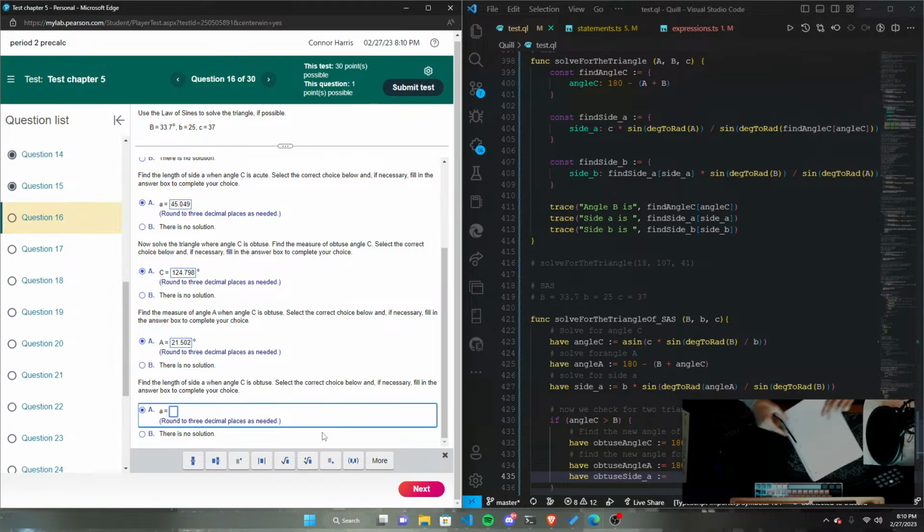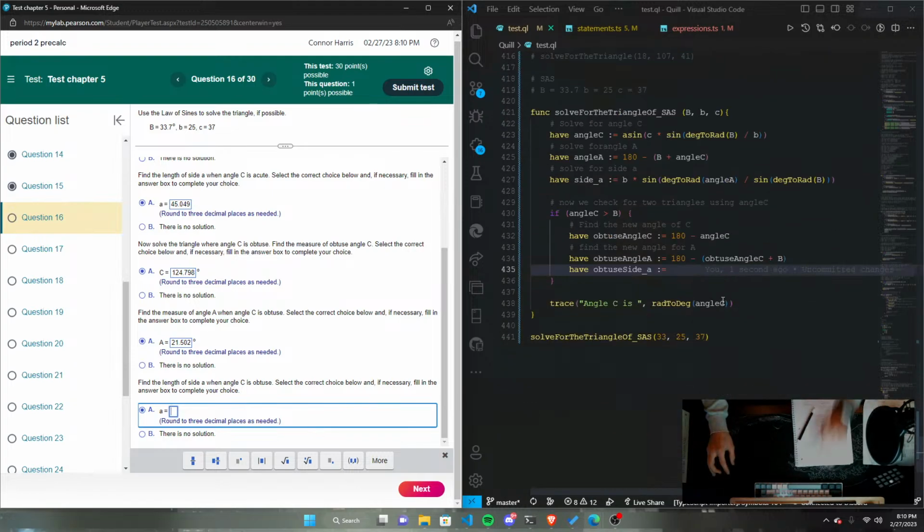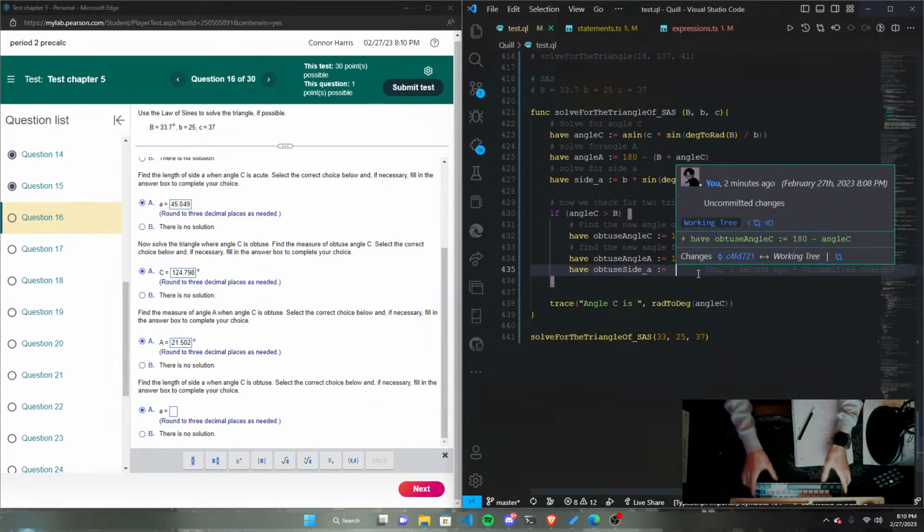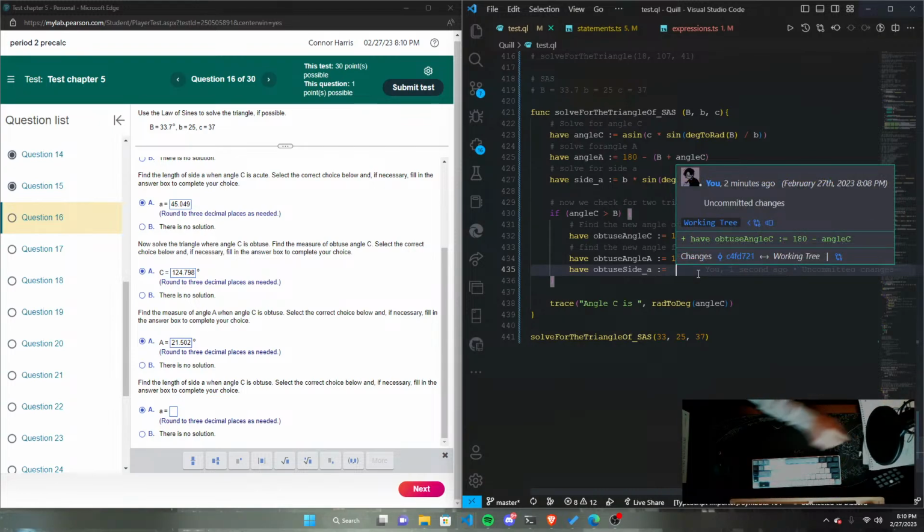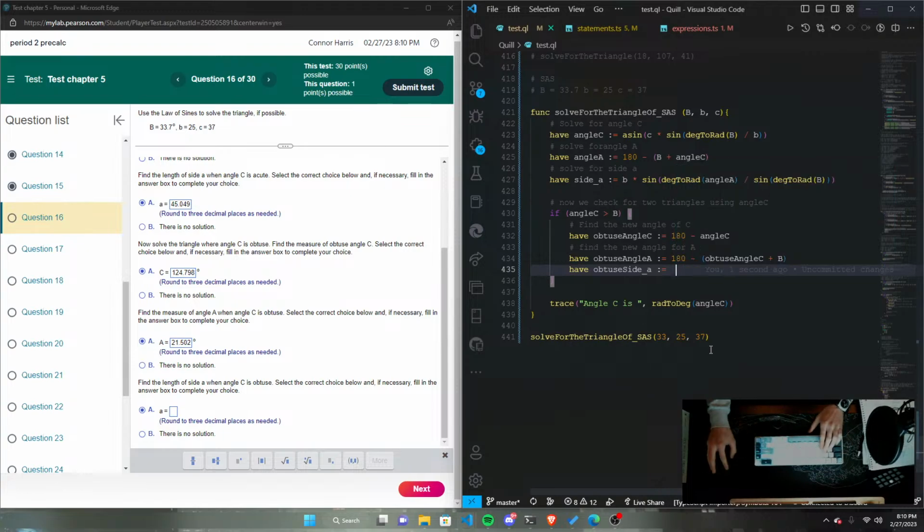So the only thing changing in this new calculation is the sine of A, the obtuse angle of A. We have 25, which is B, so we would have B times the sine.